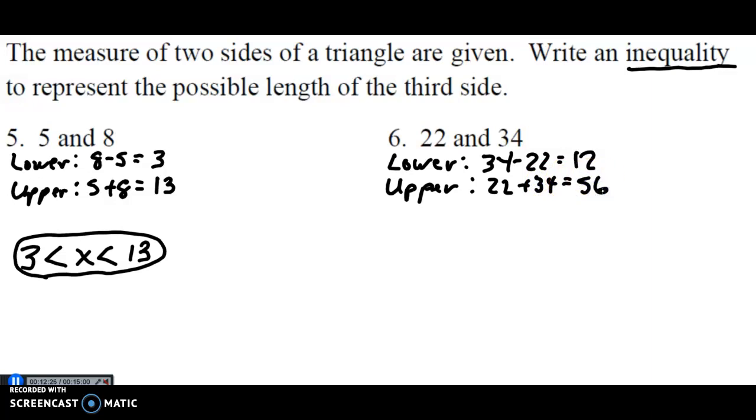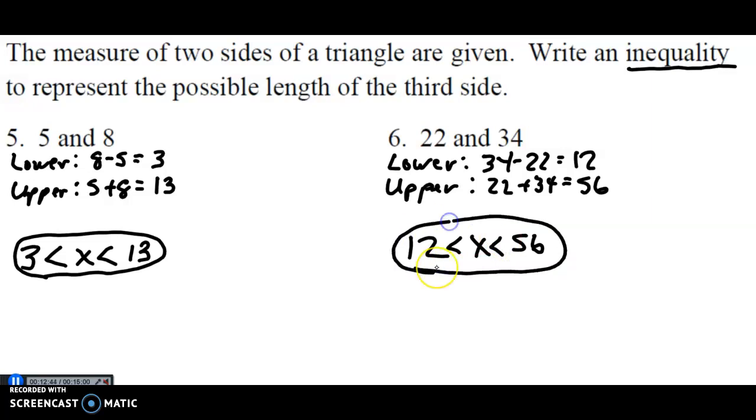And now I can write my inequality. X needs to be between 12 and 56. And again, for the bottom or the lower limit, x needs to be greater. And for the upper limit, the 56 needs to be greater. So that would be my inequality to represent the possible third side.